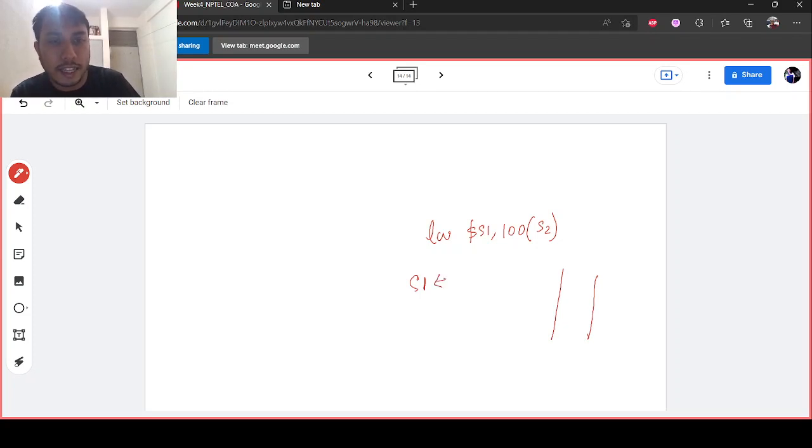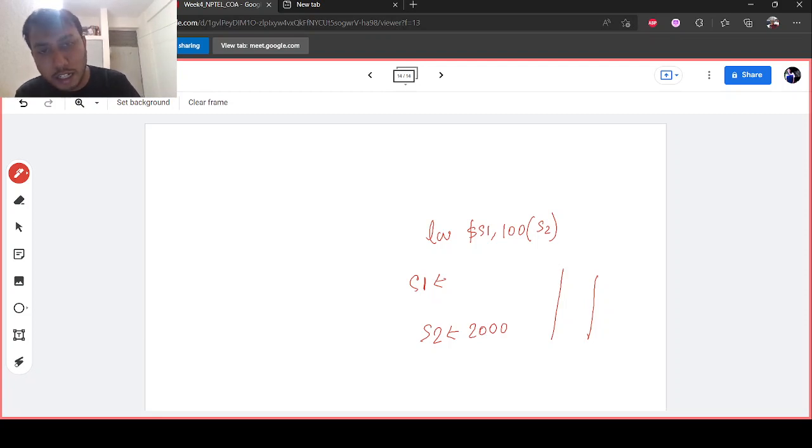Also, there is a register S2 that contains some value, suppose 2000.